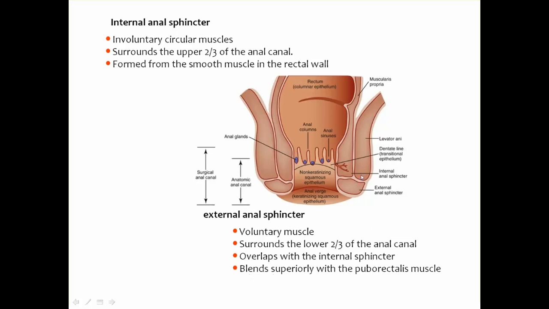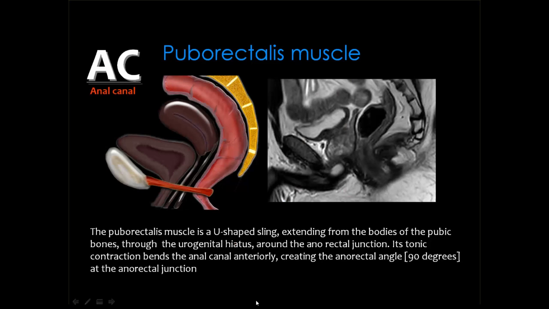This external anal sphincter will blend with the puborectalis and then with the levator ani muscle. Then what is the puborectalis muscle? The puborectalis muscle is a U-shaped sling which is connected anteriorly to the pubic bone, and it forms a sling around the anorectal junction and goes back to the insertion site.